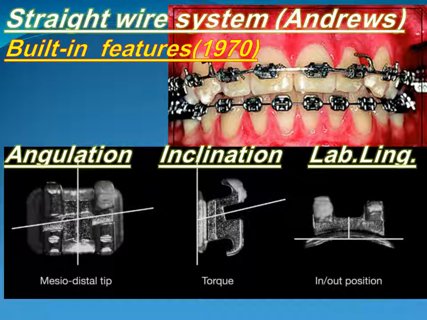That is mean the brackets of the central incisor is similar to the brackets of the canines and premolars. So such type of brackets having an built-in features. So such type of these appliances are considered as straight wire appliances or straight wire system. Why? Because there is no need for wire bending.